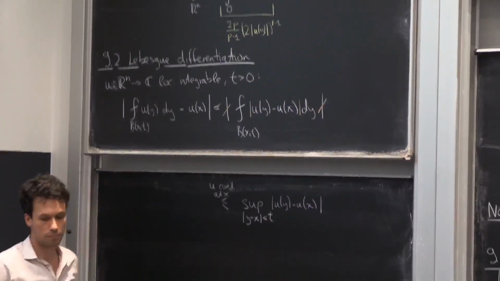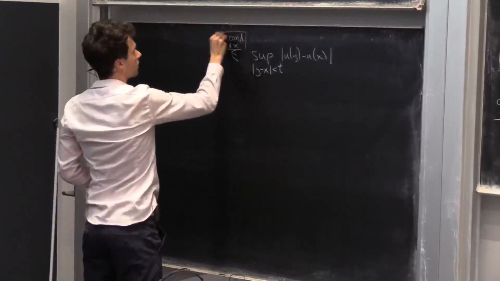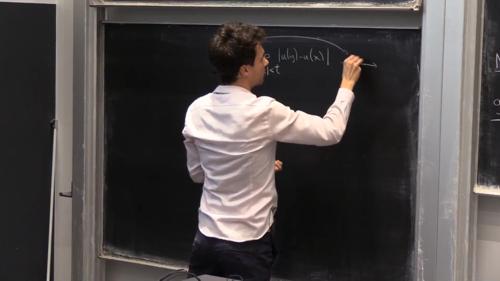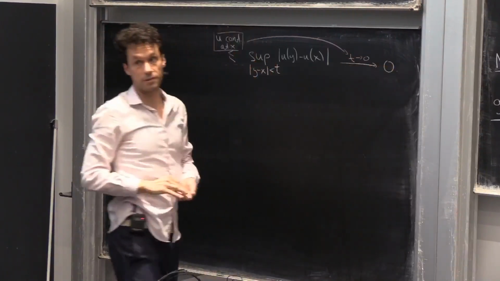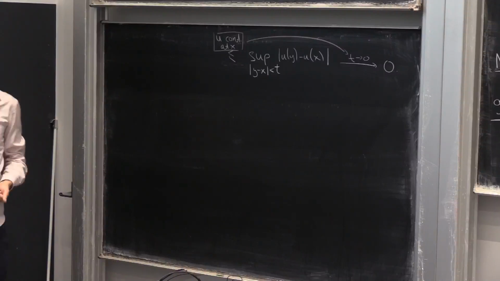And so if u would be continuous, then this, as t goes to 0, goes to 0. For a continuous function that works, that's probably no surprise.